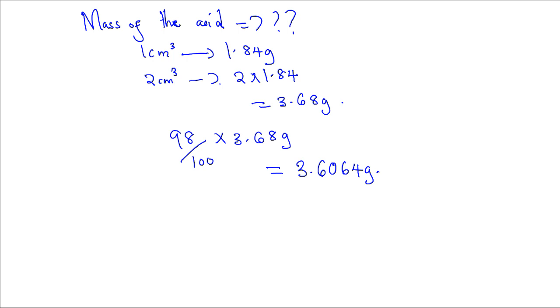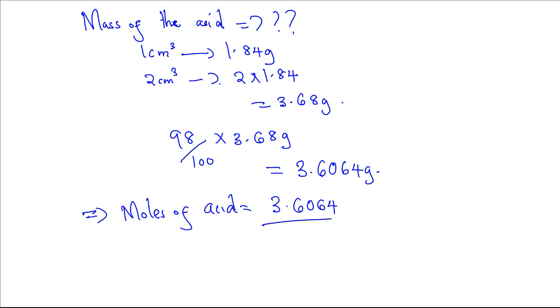Now, this implies that moles of the acid will be the mass, which is 3.6064, over the molar mass, that is 98, giving 0.0368 moles.